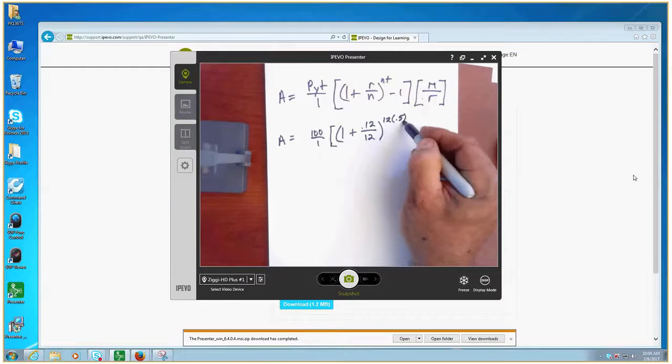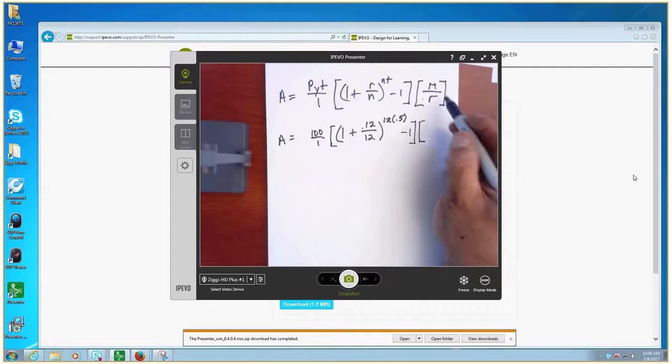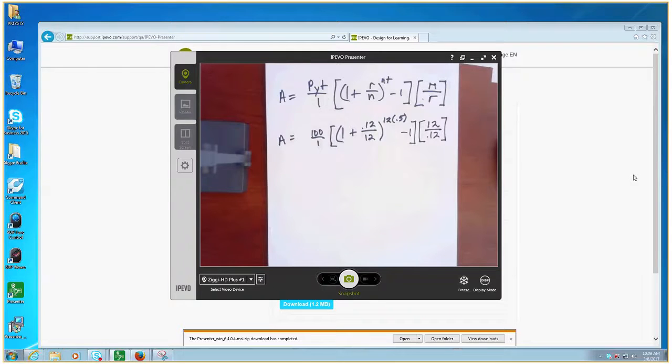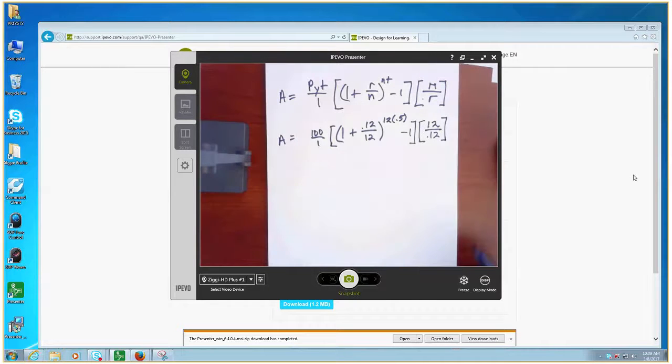Make a note of that. Minus 1. Good job. Over, let's see, that's N, which is 12 over 0.12. Now that's what it would look like if you're not using the complex fraction. If you're using the complex fraction, the 0.12 over 12 would be down here. I just brought it up and multiplied by the reciprocal.